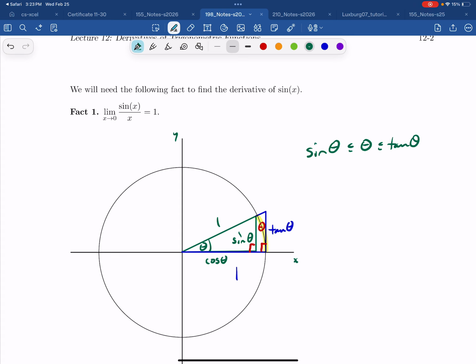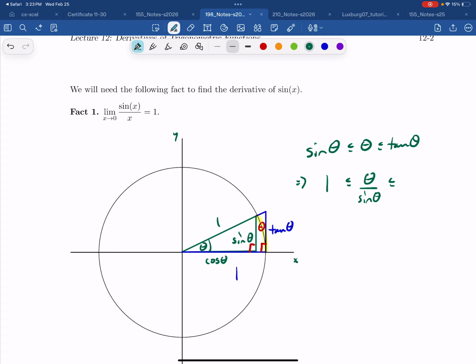And we divide each of these by sine of theta, and we wind up getting 1 is less than or equal to theta over sine of theta. We're assuming sine of theta is positive, by the way.